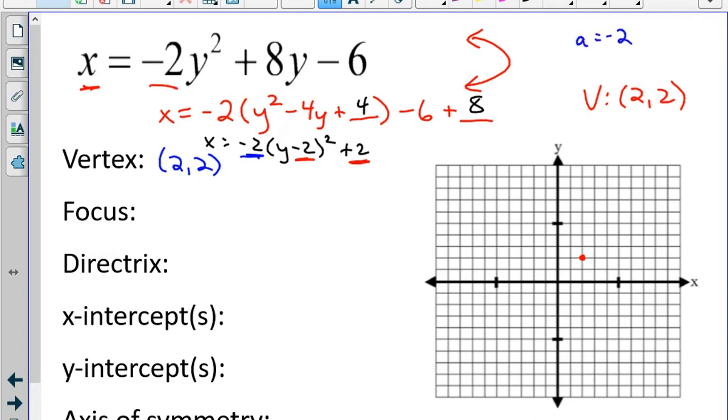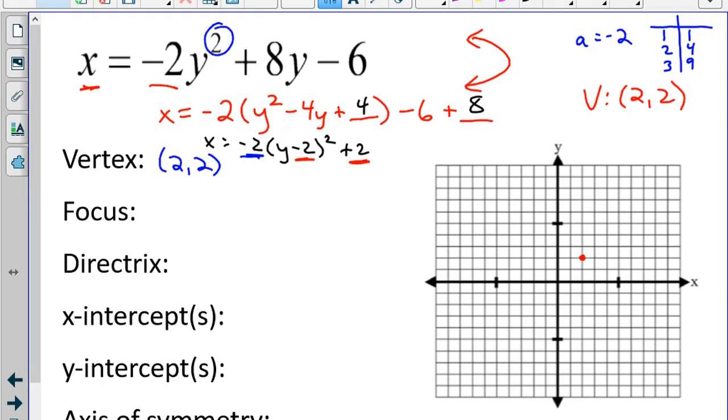I could make a t-chart, or what I learned back in the day was if a equals -2, then if I go over 1, I go down 2. If I go over 2, I go down 4 times 2, which is 8. A reminder, the typical parabola pattern is over 1, up 1, over 2, up 4, over 3, up 9, because I'm squaring everything.